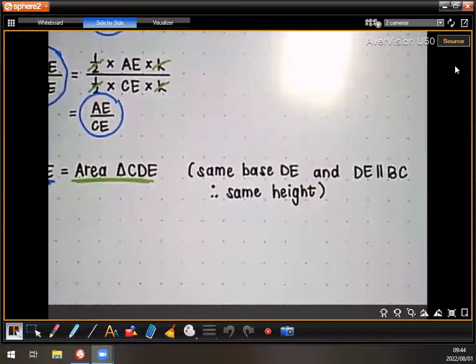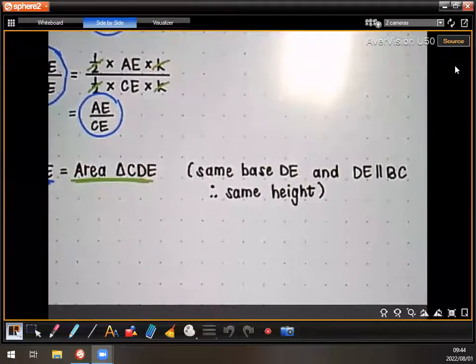So you're not showing any calculations there. You're basically just writing that those two areas are equal, and your reason is that they have the same base and the perpendicular height will be the same because of those lines.